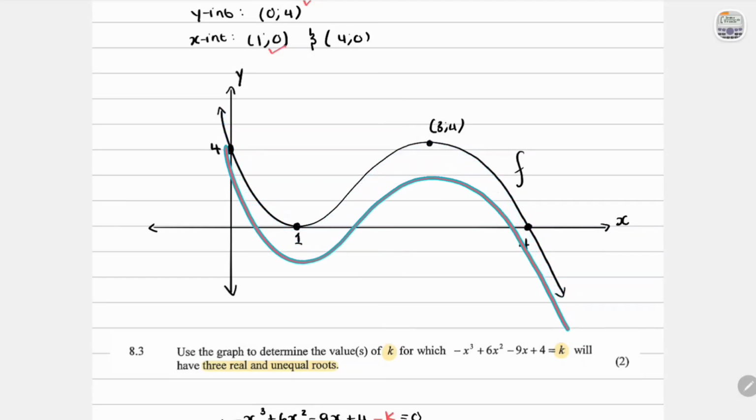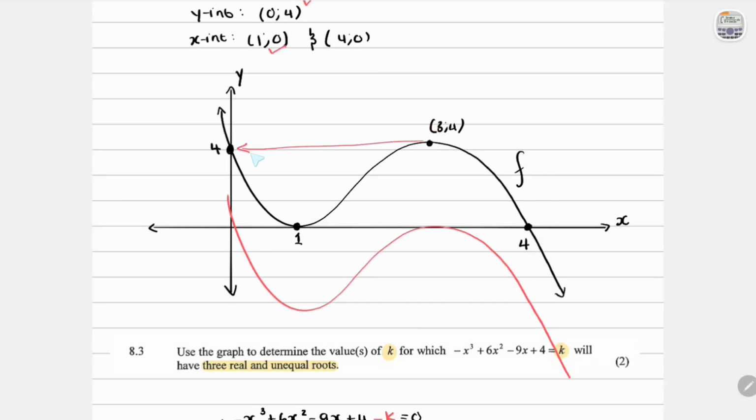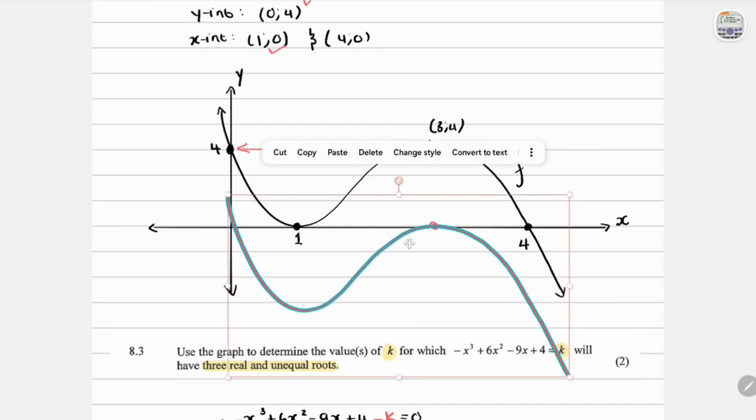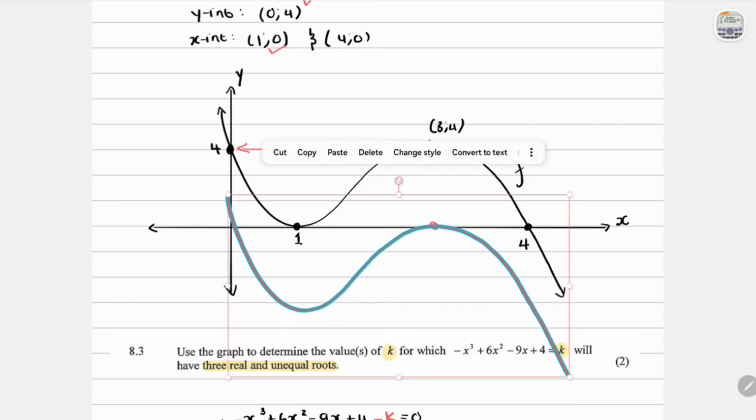So push it down anything more than 0 units, but no more than what? Since at first, the local maximum was at 3 and 4, meaning the y value was 4. And now we need to push it until it gets here, and we shouldn't push it beyond this, because if you go beyond this, then we just have the same problem again. 1 x-intercept will keep happening. So we need to move it to this point.